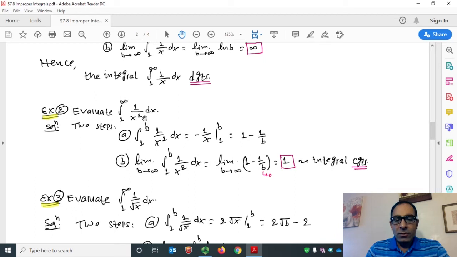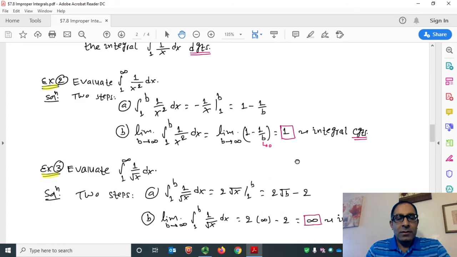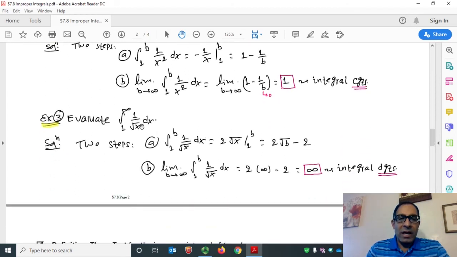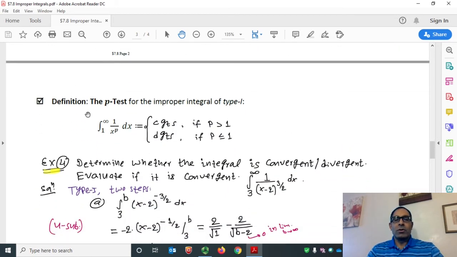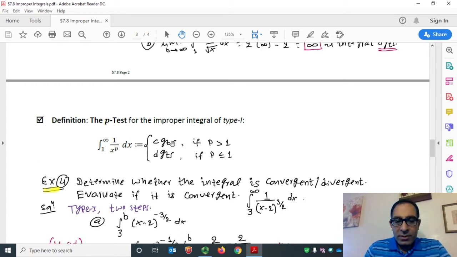If it's 1 over x squared, power 2, then convergent. If power is 1/2, less than 1, divergent. So in fact, this is true. We call it the p-test. The improper integral of 1 over x to the power p, where p is a positive number, converges if p is greater than 1 and diverges if p is less than or equal to 1.